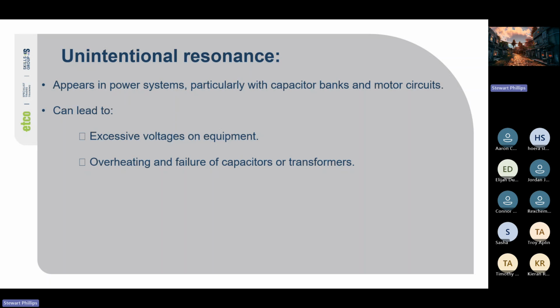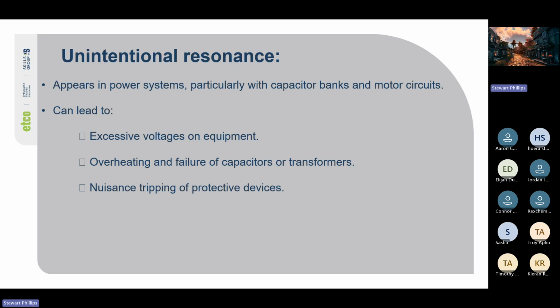It leads to overheating and failure of the capacitors and transformers. And it can cause nuisance tripping of protective devices. So sometimes it's not necessarily leakage current for RCDs, but it can also be caused by some resonance, but it's more than likely leakage current.